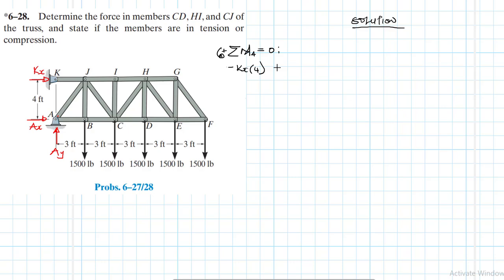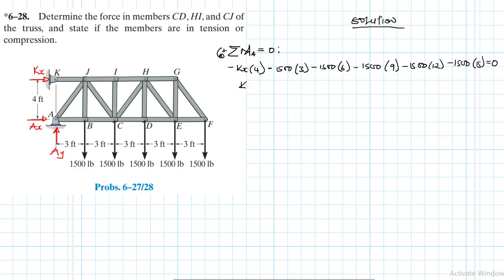And then what else? I have these forces, the contributions, they will also be negative. So I have 1,500 by 3 minus 1,500 by 6 minus 1,500 by 9 minus 1,500 by 12 and minus 1,500 by 15. Okay, and then it is equal to 0.